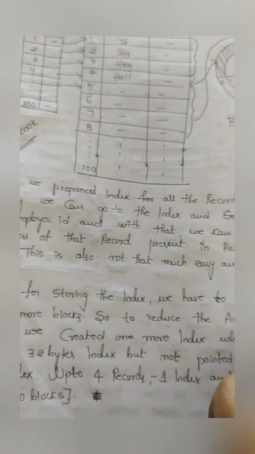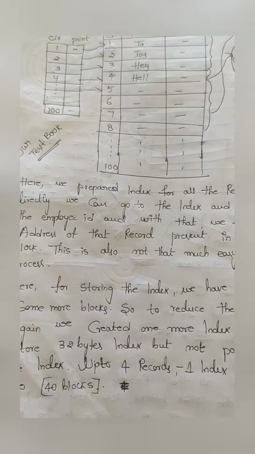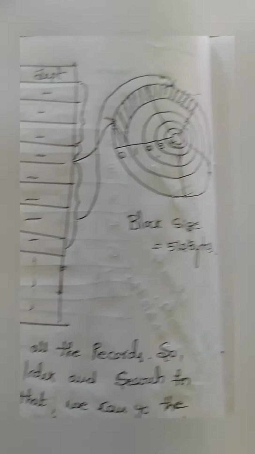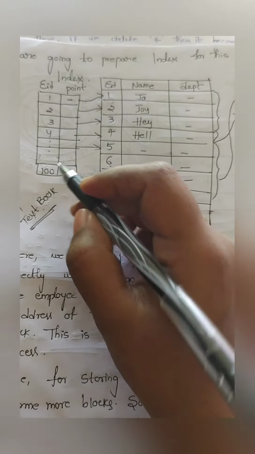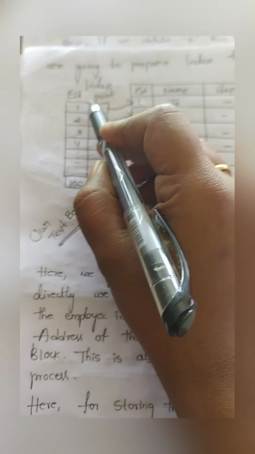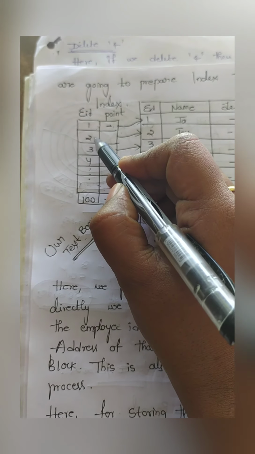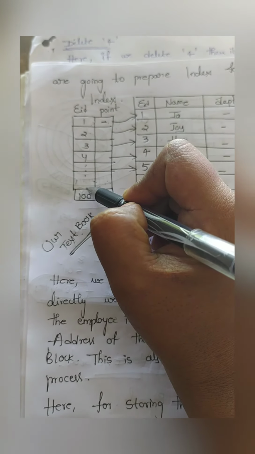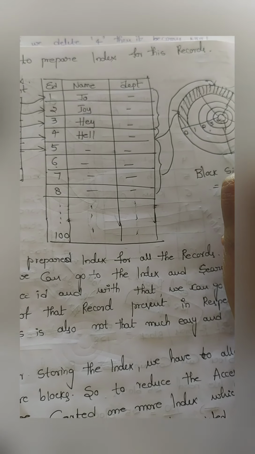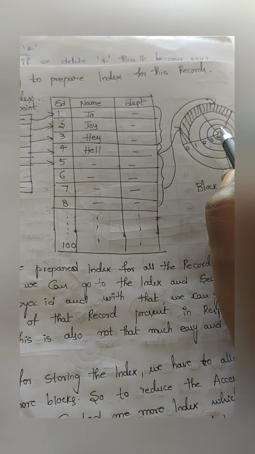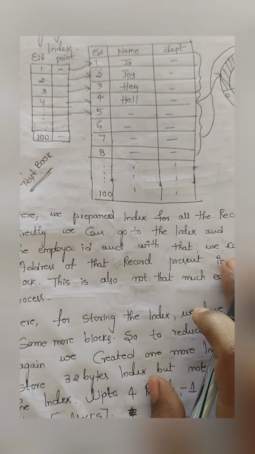But storing the index means allocating more blocks, and it is also a time-taking process. For the 95th employee id, we have to compare from 1, 2, 3, 4, 5, 6 and so on up to 95, and then use the 95th pointer to access the record. That is also a very slow process.